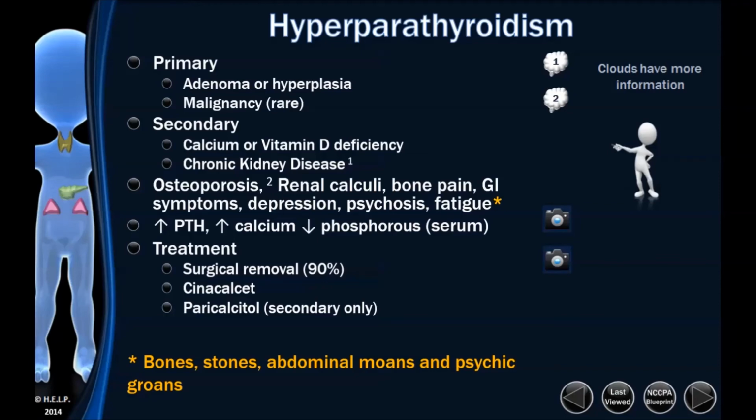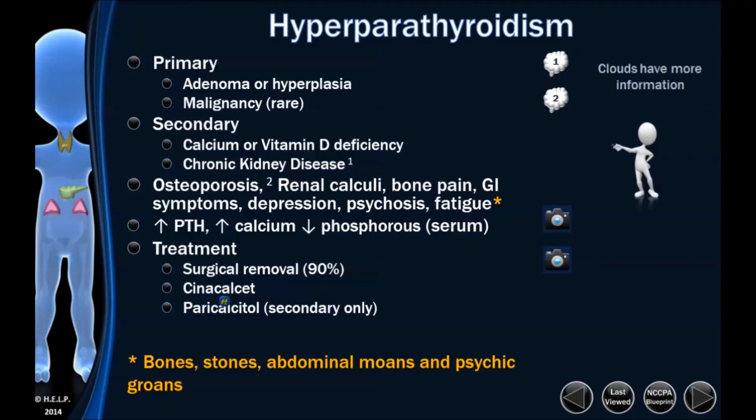Now, if it's chronic kidney disease, we can't fix that, so we're going to be looking for medications. If it's chronic calcium or vitamin D deficiency, obviously we can address those deficiencies. So remember, it's surgical removal if we're talking about a primary, but if we're dealing with secondary hyperparathyroidism, we're probably going to be looking at these medications.